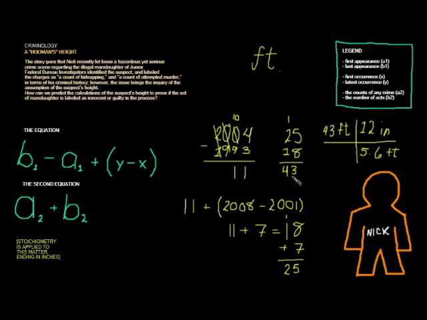So if I grab my calculator here, I'm going to put down 43 times 12 divided by 5.6, which in this case is going to give you, and of course we need to pay attention to significant figures, 92 since we need 2 significant figures.